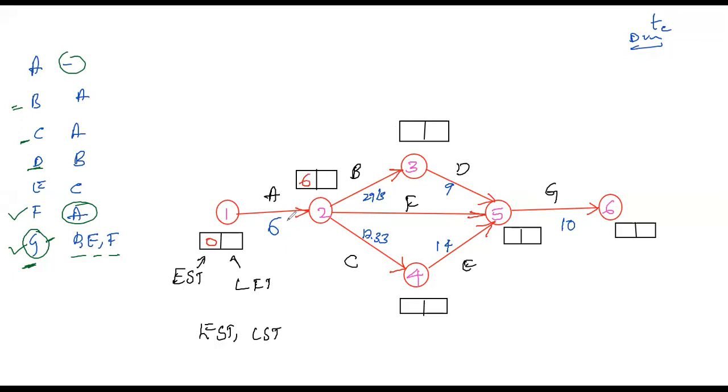Next here 6 is there. 6 plus duration. Here only one arrowhead is there. So 6 plus 17.33, what will you get? 17 plus 6 is 23, so the value is 23.33. Here also only one arrowhead is there. So you can simplify this 29 by 3. What will you get? Around 9 point something.